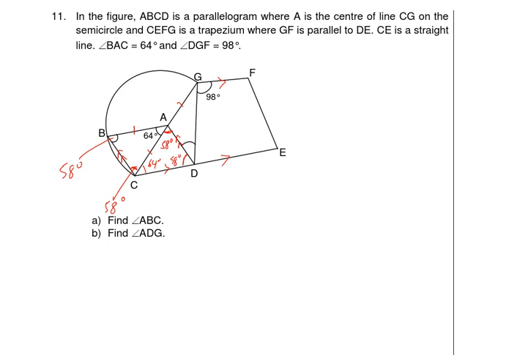Okay. Now, with that as 58 degrees, how can I find the last angle? 180 minus, to find this angle, right? So, what is the property you are using here?